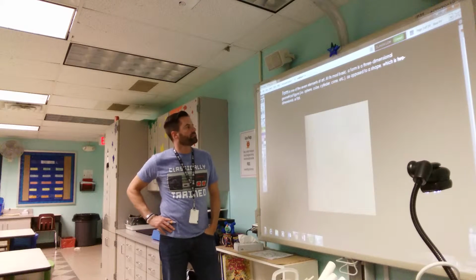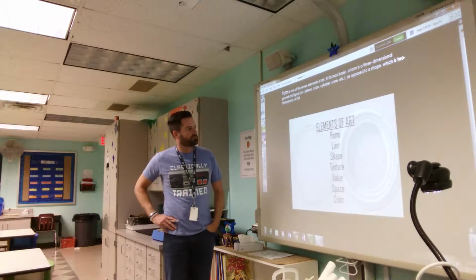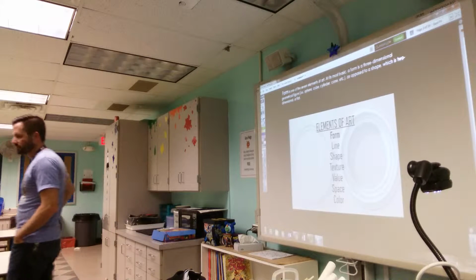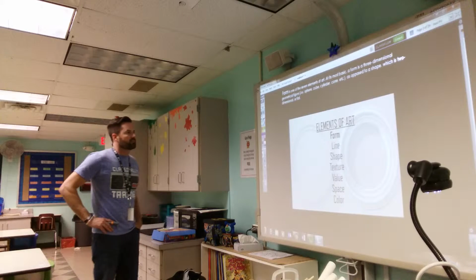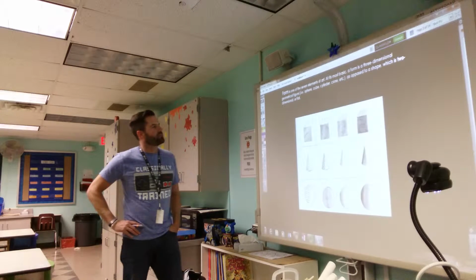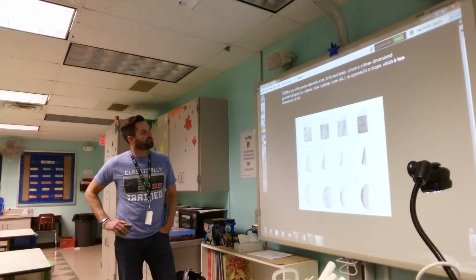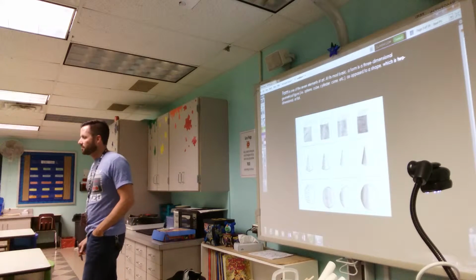When shapes get this third dimension of depth, they become forms. Form is one of the 7 elements of art, along with line, shape, texture, value, space, and color. When given form, circles become spheres, squares become cubes, triangles become cones or pyramids.